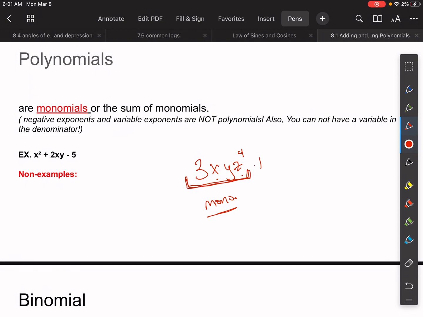If I said plus 3y or something like that, now we are into a binomial, bi meaning two, where we have two parts separated by this plus sign. And they are not like terms, even though there's a y in both. The only thing I could do is factor out a 3y from both.